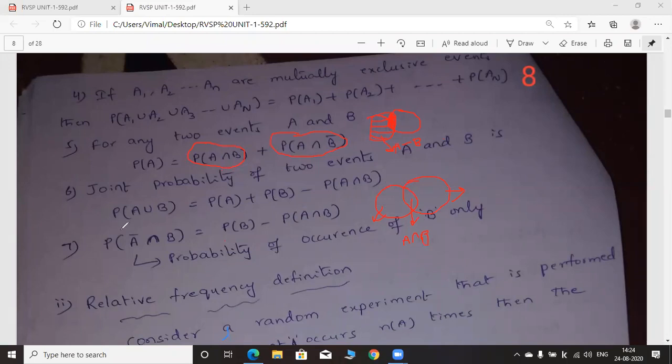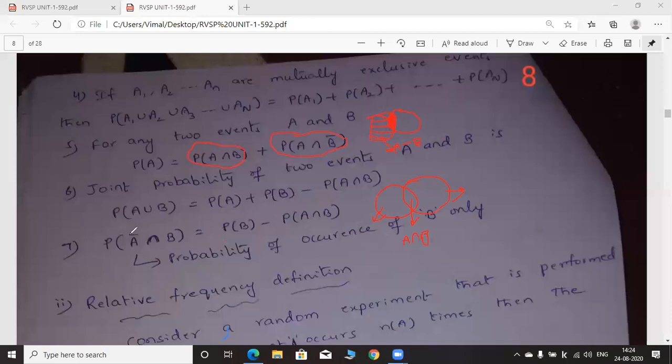So how can we explain this property by using this diagram? We want the probability of occurring B only. We have two events A and B, but we want the probability of occurrence of B only. Remember this point. Here only B means it should not contain A, because A complement is given.